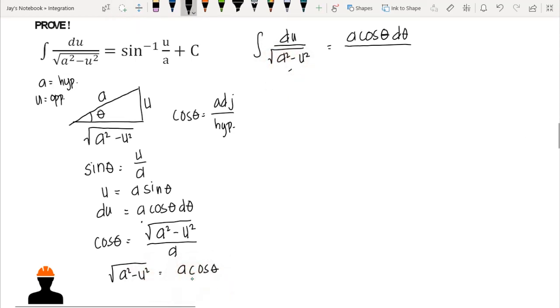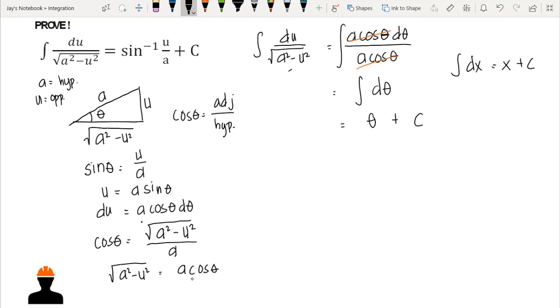So we have here a cosine of theta, and then we have the integration. Now take note, we can cancel these values, correct? So the remaining would be the integration of d theta. That's in terms of theta. And we know that the integration of d theta is, of course, theta plus c, the same as the integration of dx is equal to x plus c.